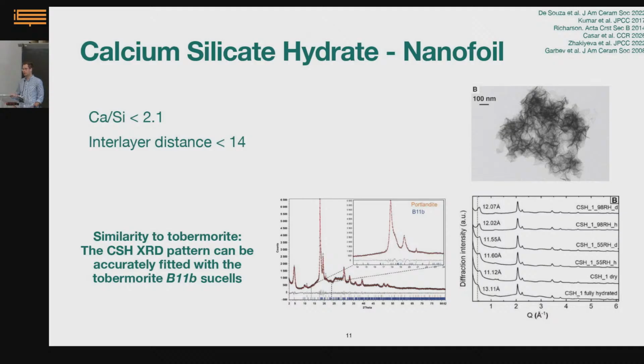Usually in cement paste, you can find it from like 1.4 to 2. Depending on the system, we can go to 2.1 nanofoil geometry. But the whole point why tobermorite is a model system of CSH is because you can fit the XRD pattern of CSH with the B11B subcell of tobermorite as defined by Bonaccorsi.